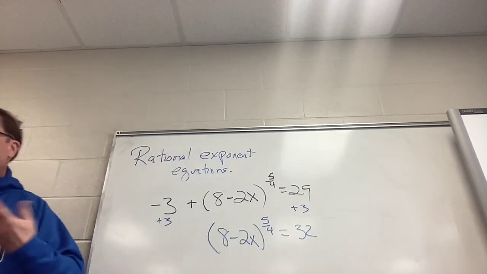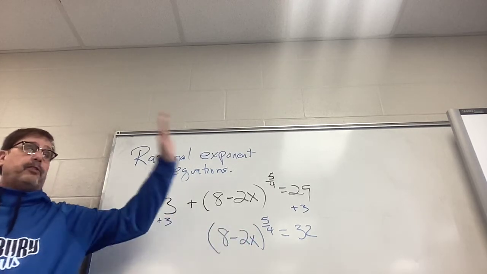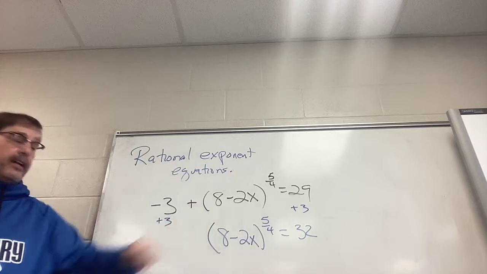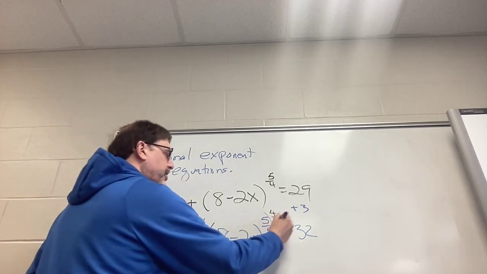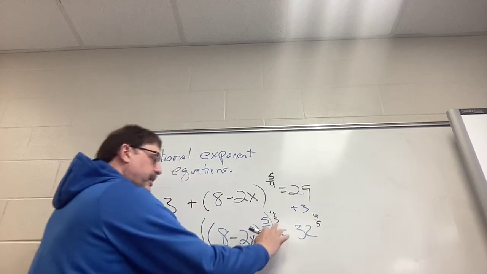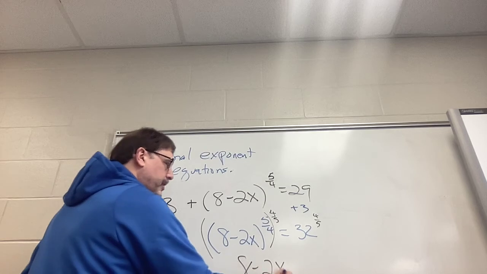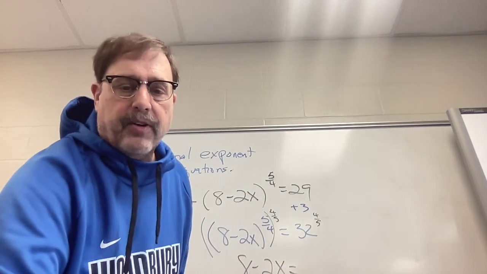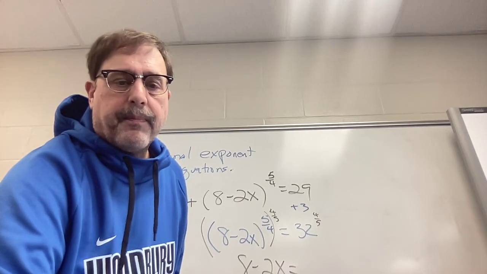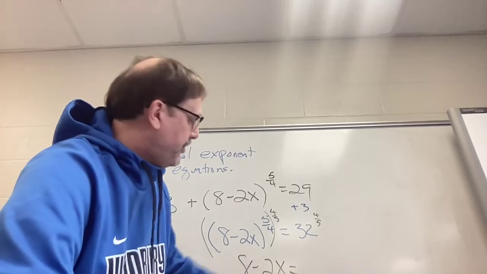So it's really just one trick today. Taking something to the 5/4, you would multiply it by what exponent to make it into a 1? Take it to the 4/5. This multiplies to an exponent of 1. And make sure when you do your 32, you put that exponent of 4/5 in parentheses.